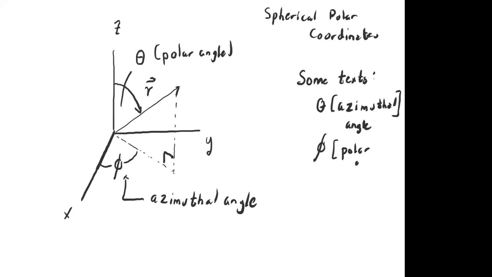So what do these values mean? What do they do? So R in principle could go from 0 to infinity. That's how you can define any point in space in spherical polar coordinates.